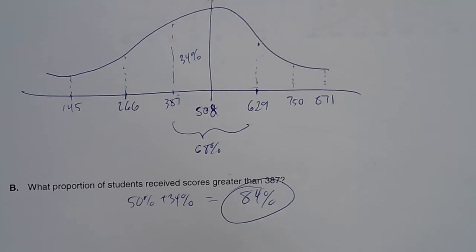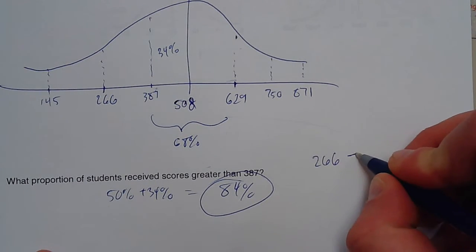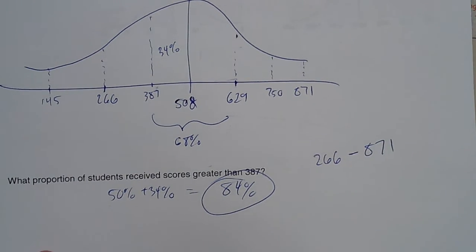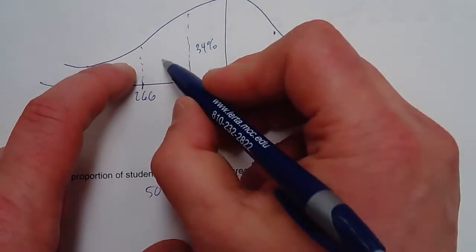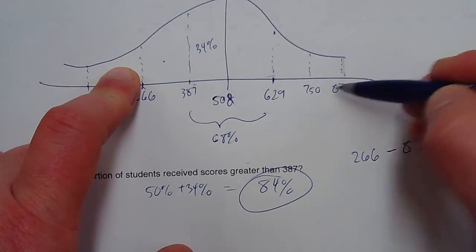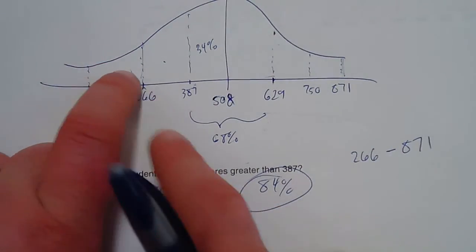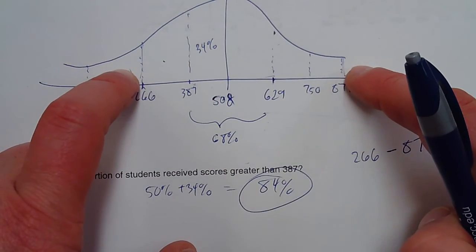I know it's not on here, but what if they said, what percent is between 266 and 871? Okay, what if that was the question? What percent of people fall within this score range? So you'd be like, well, okay, starting at 266 to 871. That's going to be from 2 standard deviations out in this direction to 3 standard deviations in this direction.